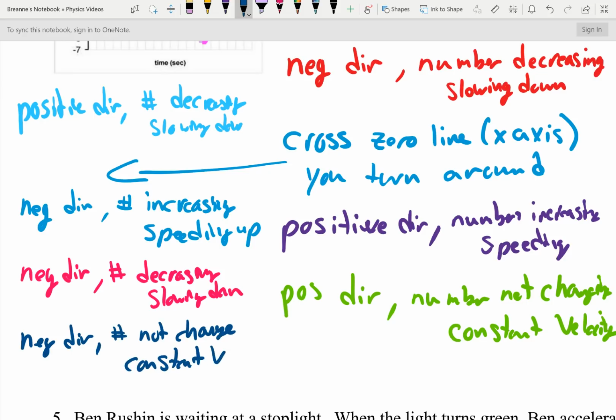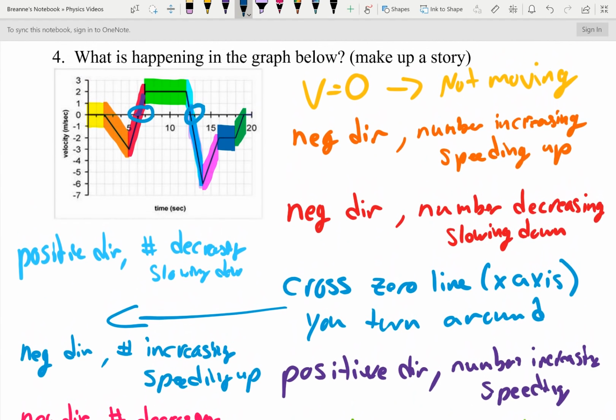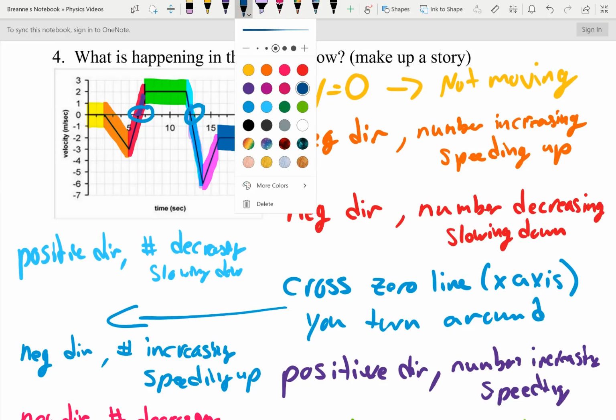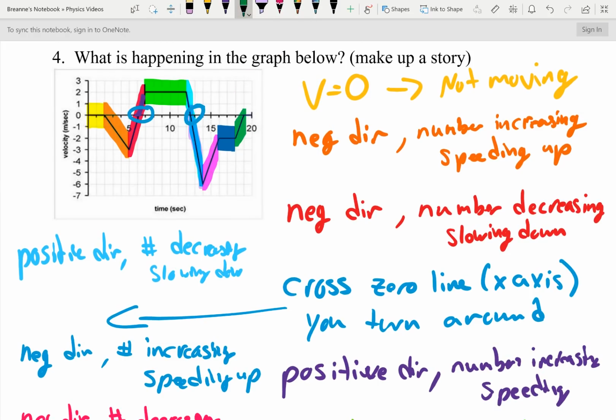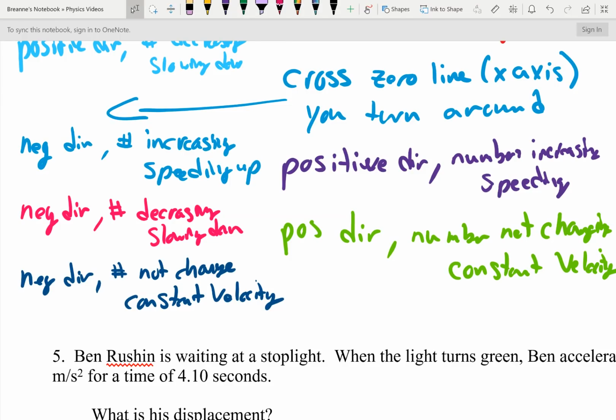Then last but not least, negative direction, because you're still below the zero line. Your numbers are getting smaller, so they're decreasing. And so therefore, you are slowing down.